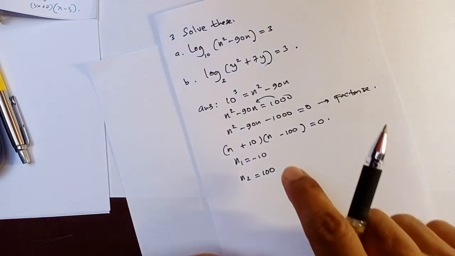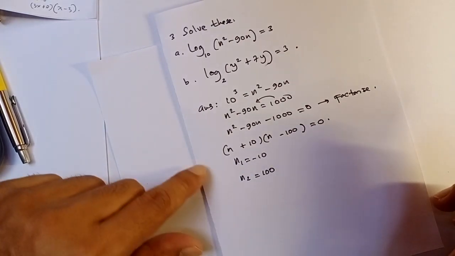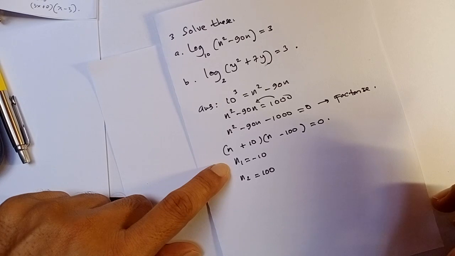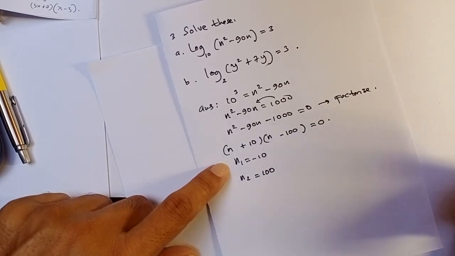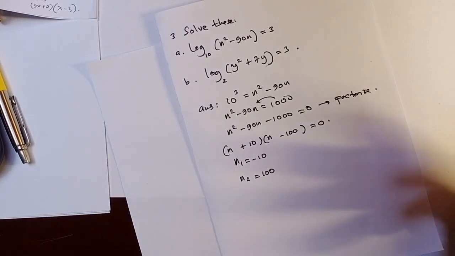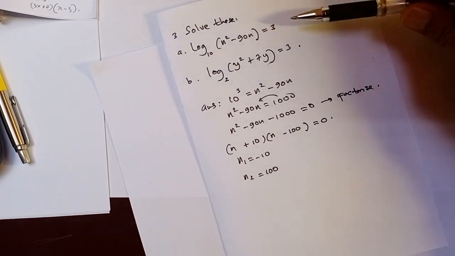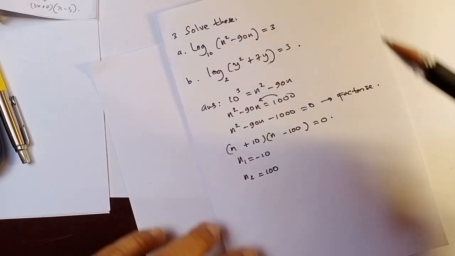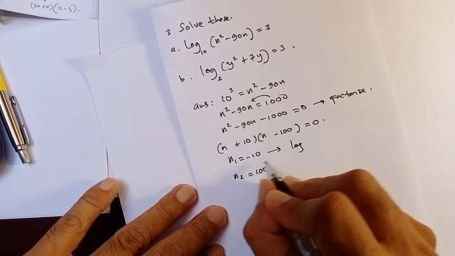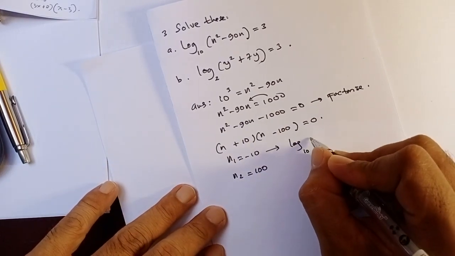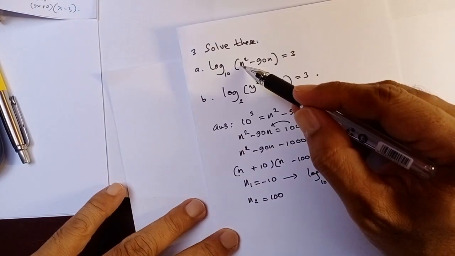And be careful with these two answers. We cannot take all answers. Especially when your answer is negative, you have to take care with the answer carefully. Maybe we can write back and check again. If n is negative, look again at this negative 10, substitute again here.